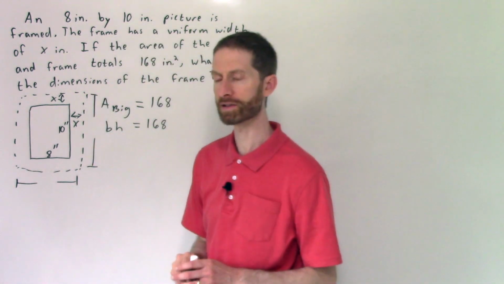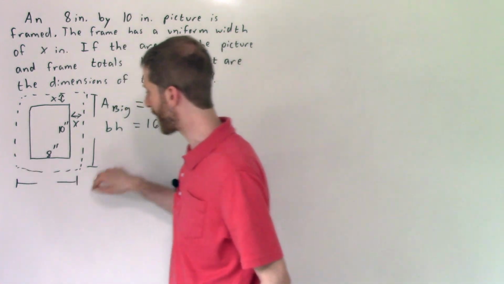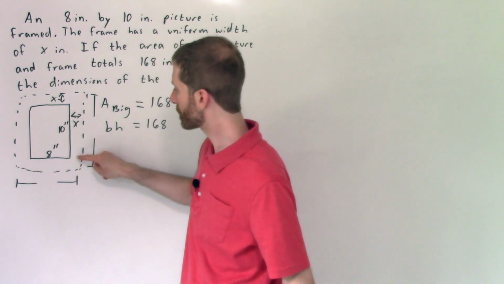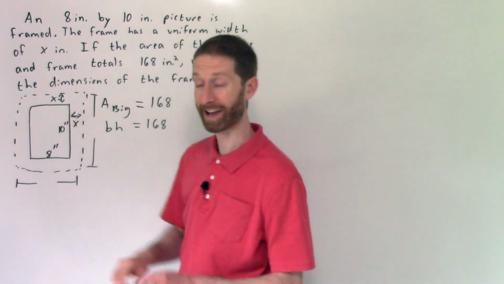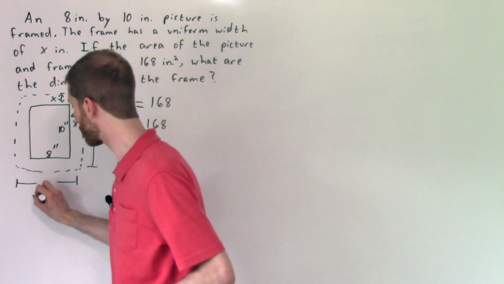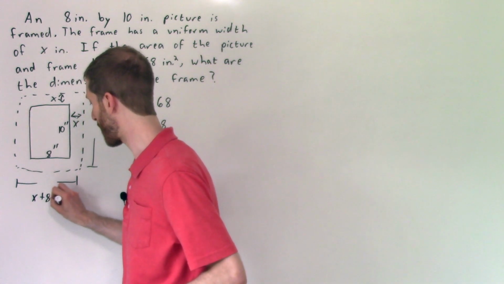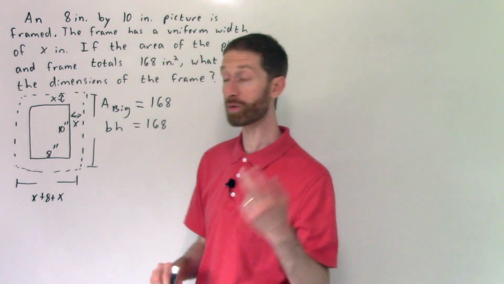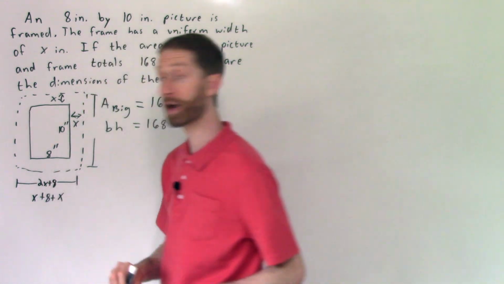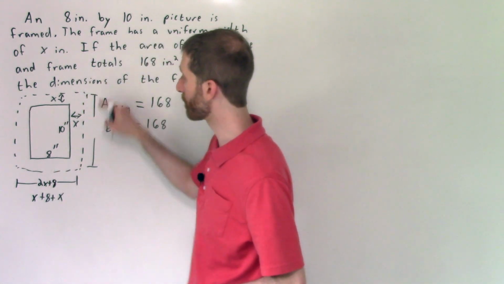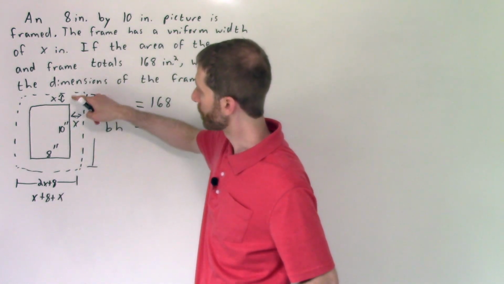Let's think about this. If I'm walking this out like this, I go X, because this width is X, plus 8 plus X. Let's write that out. X plus 8 plus X is my total distance, which would be 2X plus 8. So now the width is 2X plus 8. Let's use the same idea, but going vertically. You'd walk this down or up.